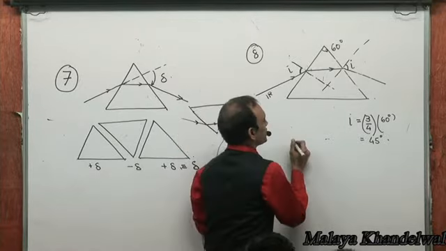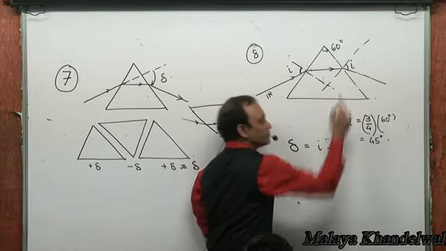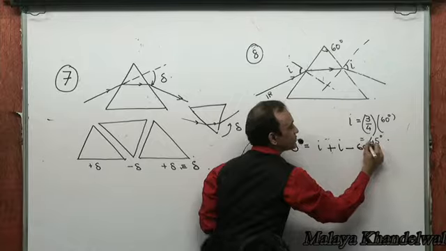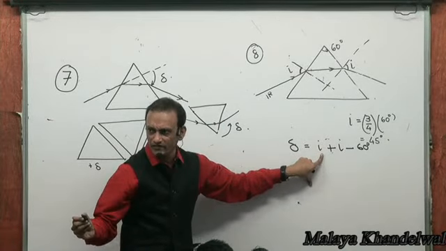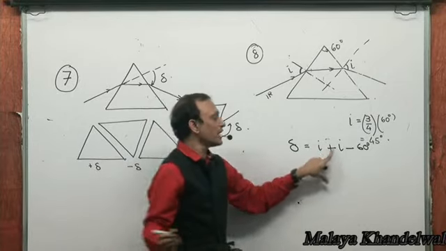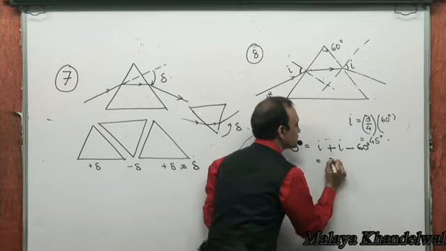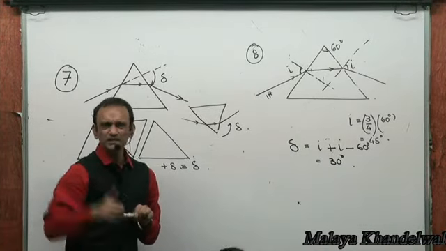Very clearly, the deviation is I plus I prime minus the angle of the prism, 60 degrees. In this case I prime is equal to I. That's the result for deviation through a prism: I plus I prime minus A. So 2I is 90, minus 60, that means 30 degrees is the deviation produced by this prism. Very simple, isn't it?